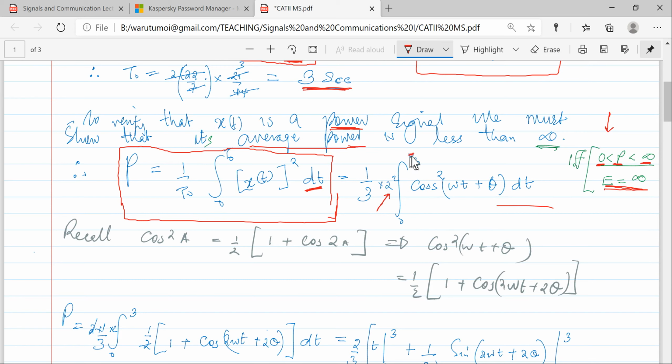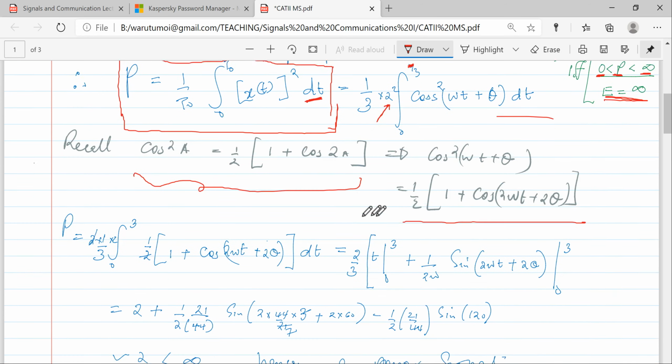Once we have done that, we can use the trigonometric identity that cos squared of A equals one half times the bracket 1 plus cos 2A. Setting A to omega t plus theta, cos squared of omega t plus theta equals half of the bracket 1 plus cos of 2 omega t plus 2 theta.